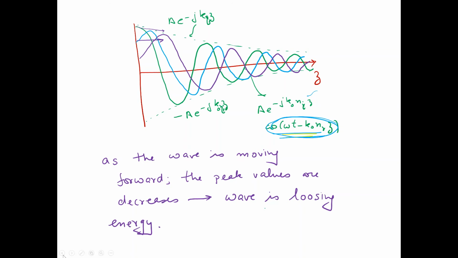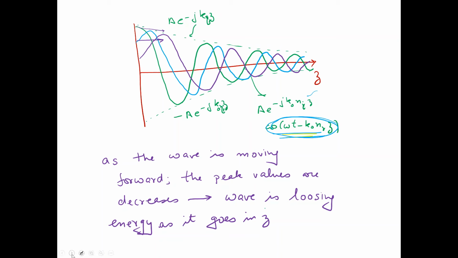The wave is losing energy as it goes in z. As the wave is moving forward in z, the wave starts to lose its energy.